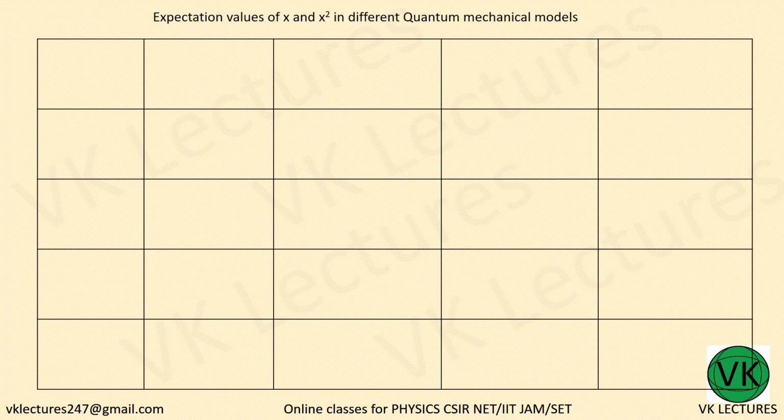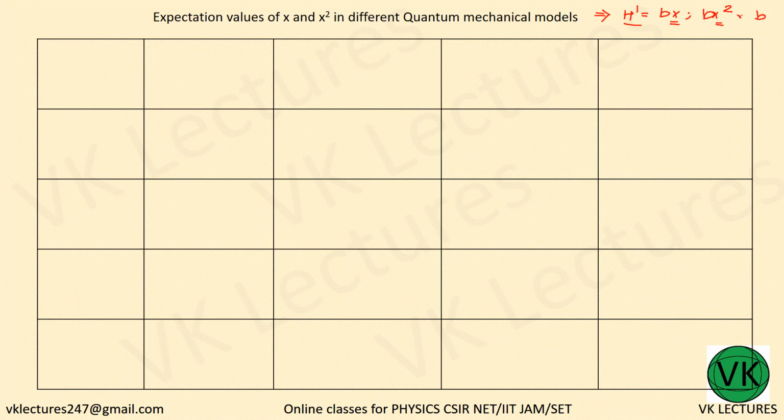So what we know is, if the perturbation H dash is of the form bx or bx square, we have to take the expectation of x and the expectation of x square times the constant b.